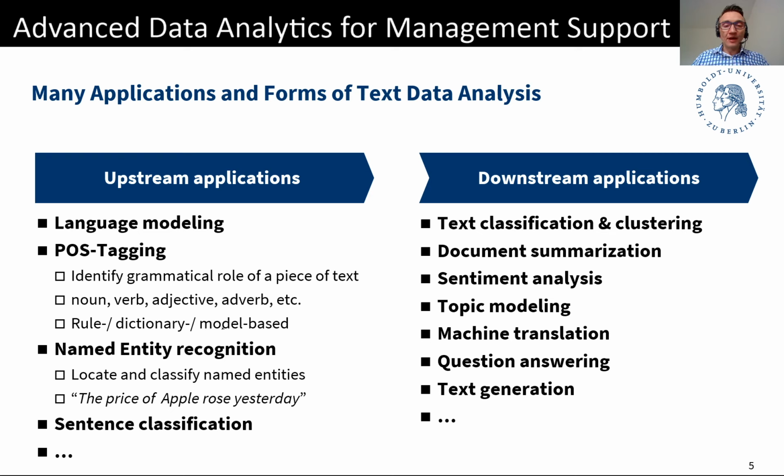Well, with regard to downstream applications, many use cases can be considered. Classifying and clustering documents is quite an obvious one. Sentiment analysis also fits in here. Remember, sentiment analysis is a task where, given a piece of text, for example a review, we want to understand the emotion of the author, whether she is positive or negative about whatever she's writing.